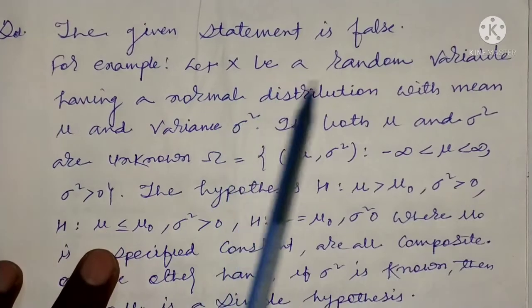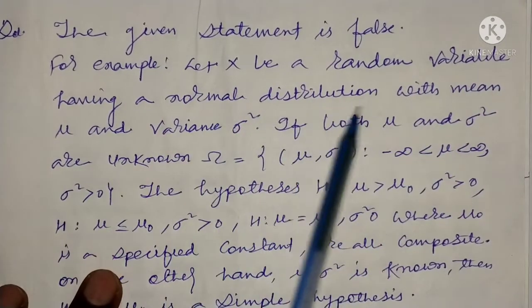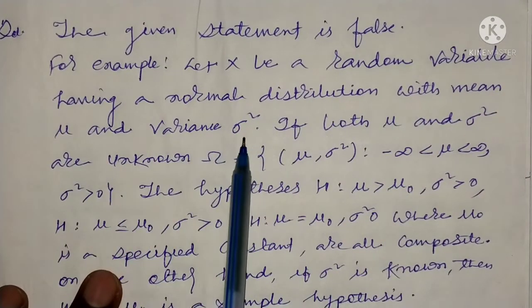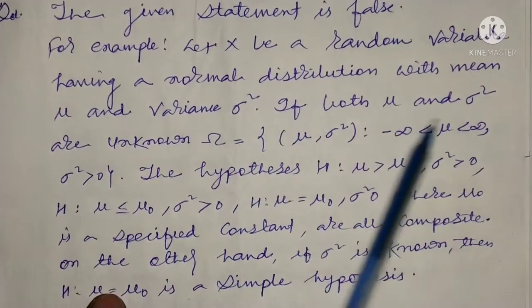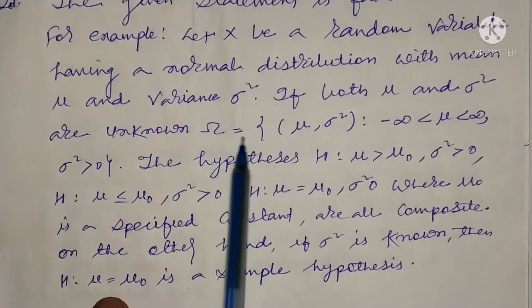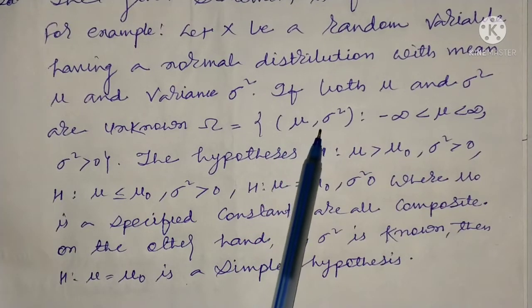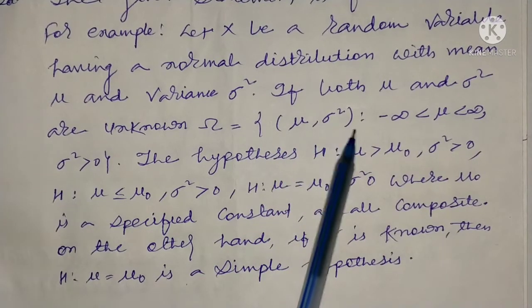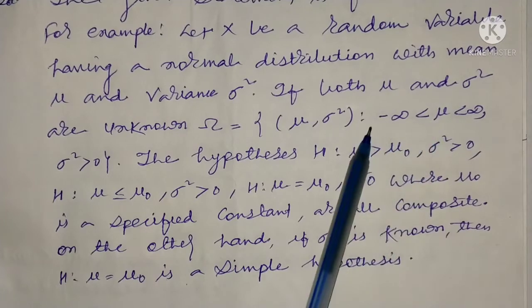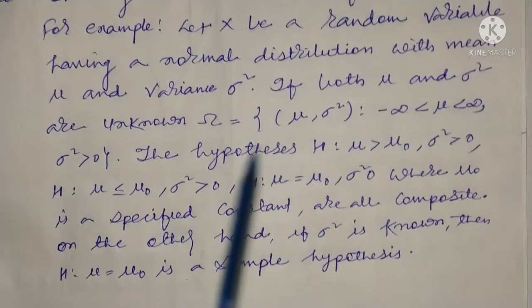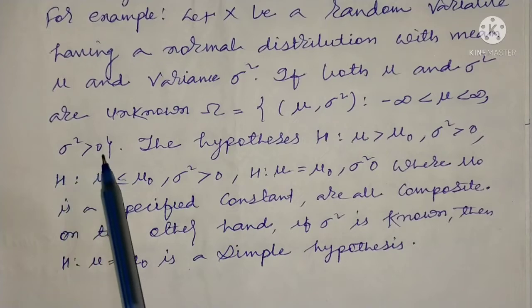For example, let x be a random variable having a normal distribution with mean mu and variance sigma square. If both mu and sigma square are unknown, omega is equal to the set of all ordered pairs (mu, sigma square) such that mu is greater than minus infinity and less than infinity, sigma square greater than 0.